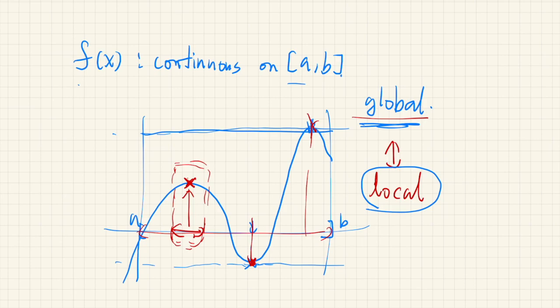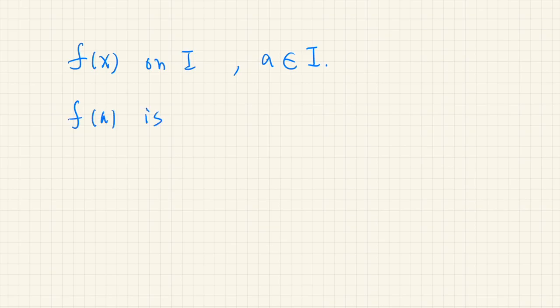But first, let's define what local maximum or local minimum values mean exactly. So here's the definition. Suppose we have a function f of x defined on an interval I, and also the point a is included in this interval. We say f of a is a local maximum value.